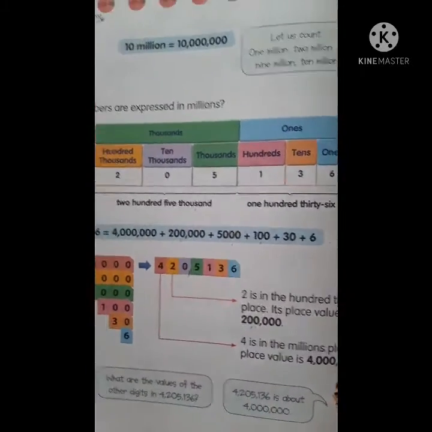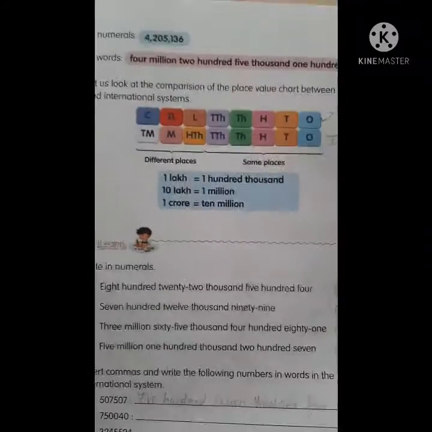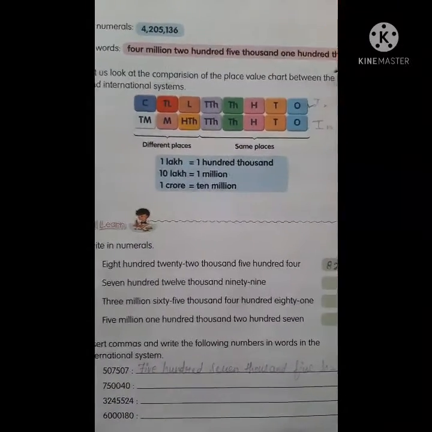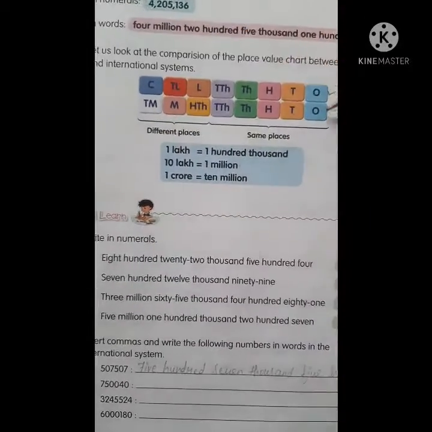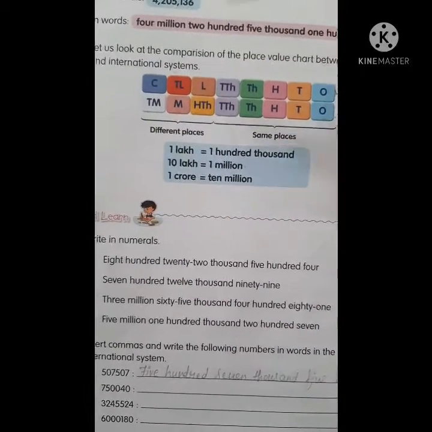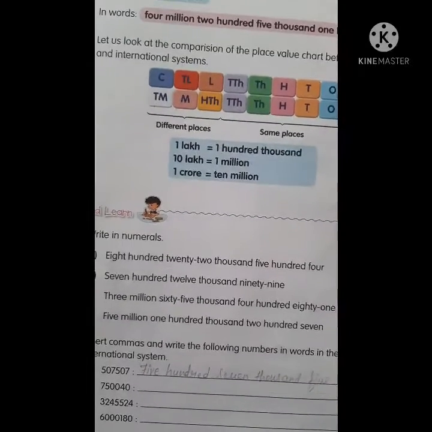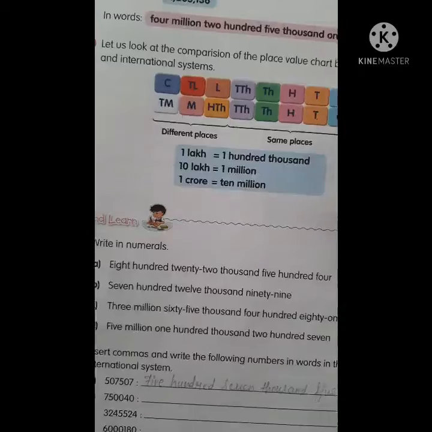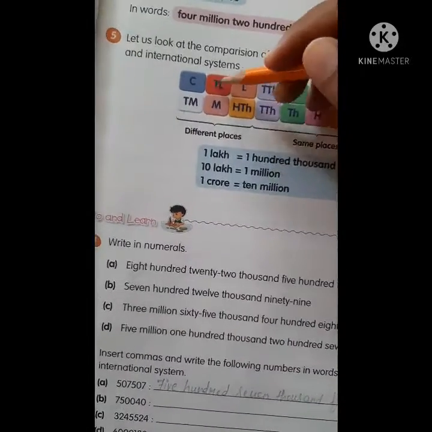Let us see the difference between the international and Indian system. Let us look at the comparison of the place value chart between the Indian and international system. Both start with ones. Sorry, this is Indian and this is international. In the Indian system it is ones, tens, hundreds, thousands, ten thousands, lakhs, ten lakhs and crore.